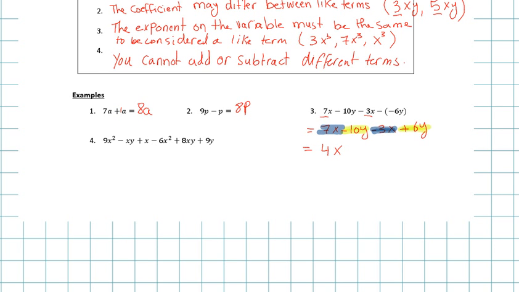Right? Because you're at negative 10 and you're adding 6. Okay? You're done. That's the simplest form that you can go to. These two terms are not like terms, so you can't do anything to it. Okay? So that's the end of it.